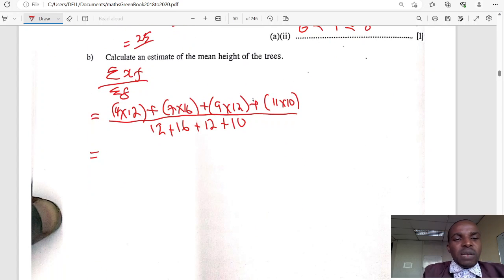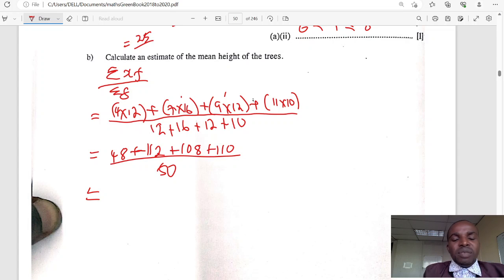4 times 12. What is 4 times 12? It's 48. Plus 7 times 16: 7 times 6 is 42, carry 4, then 7 times 1 plus 4 is 11, so 112. Then plus 9 times 12, which is 108, plus 110. Then over 50. Then you add these items now. 100 plus 108 is 218.